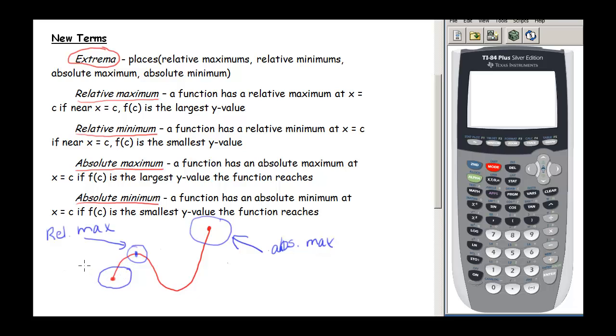This is a minimum value, but it's not the lowest y value overall, so it's just a relative min. And then over here, this is our lowest y value overall, so that would be our absolute minimum.